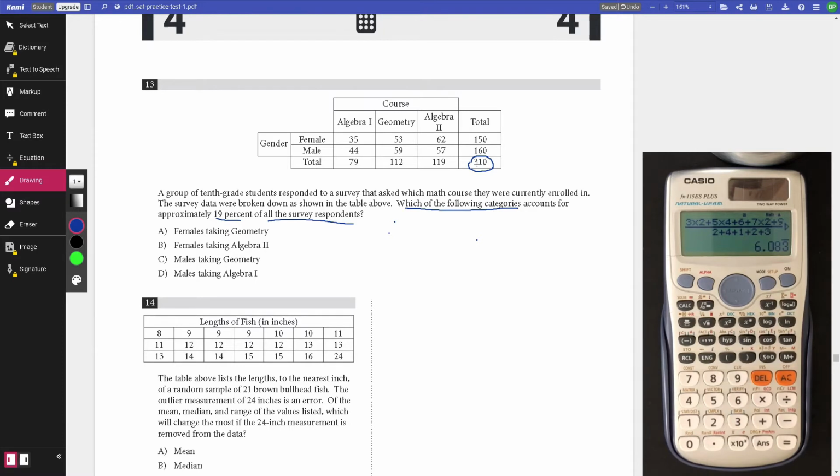So we can just take this number and multiply by 0.19 to get what number we're looking for in the chart. That would be 19% of the total. So we get 58.9 for 19% of the total. So what number is closest to 58.9 in this chart? It will be this number. You can see that this is male taking geometry, so it's C.